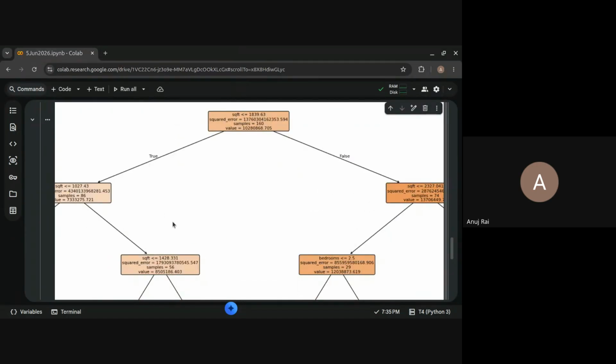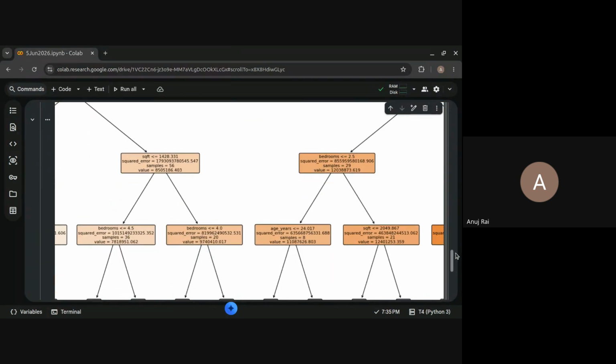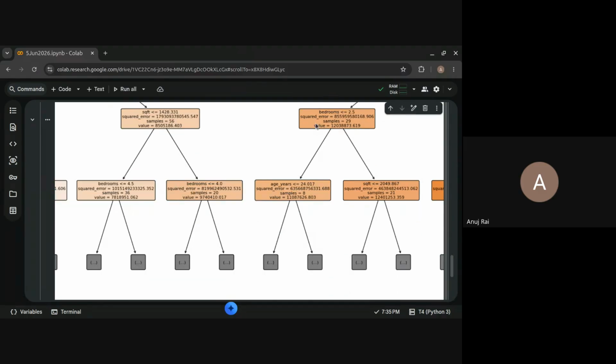If square feet is less than this or this, then yes or no. And then here you can see in the false branch, again it is trying to filter the data based on the square feet. And if bedroom is less than 2.5, you can see that it kept on splitting the data. And based on this, this is the class it identifies as the output.